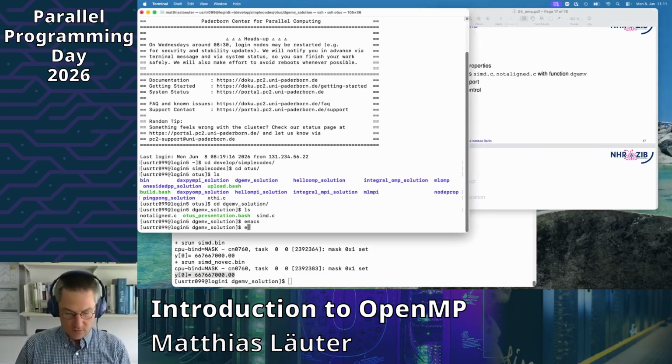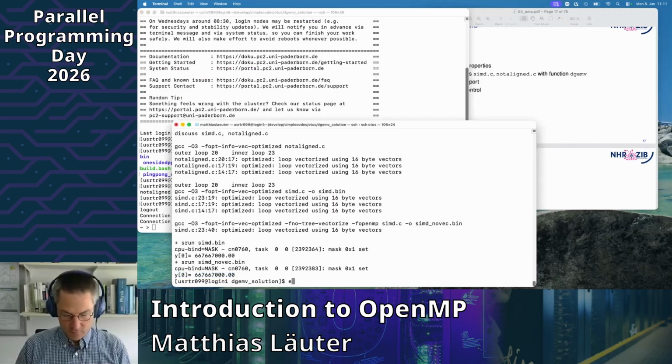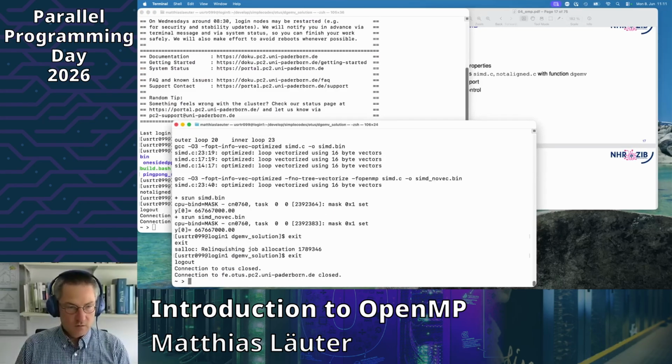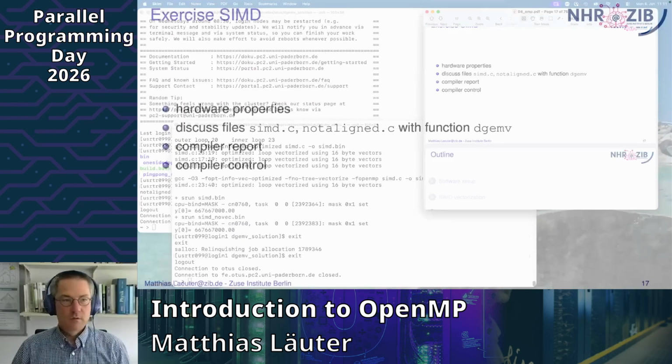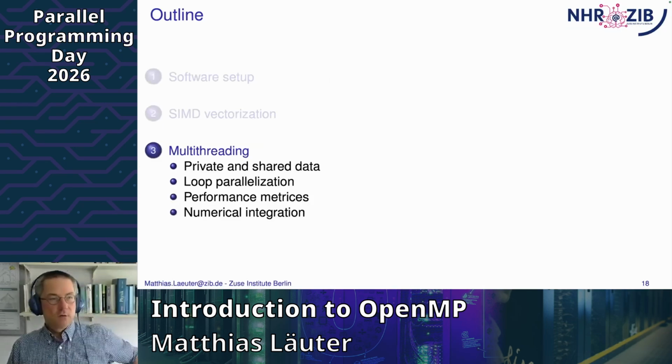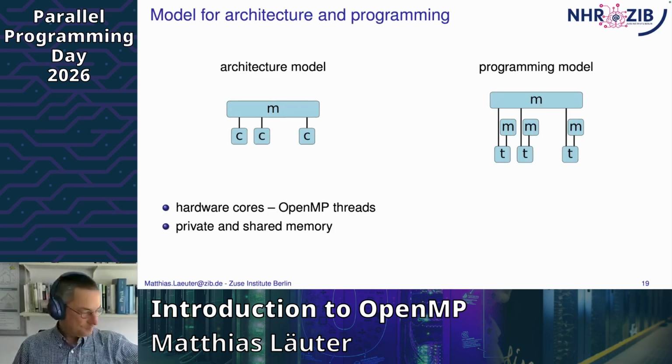So I leave the terminal and go back to the slides. Okay, let's go to multithreading. For that, we remember we had seen the architecture model, and the architecture is some cores on a shared memory, with one memory block shared by the different cores.